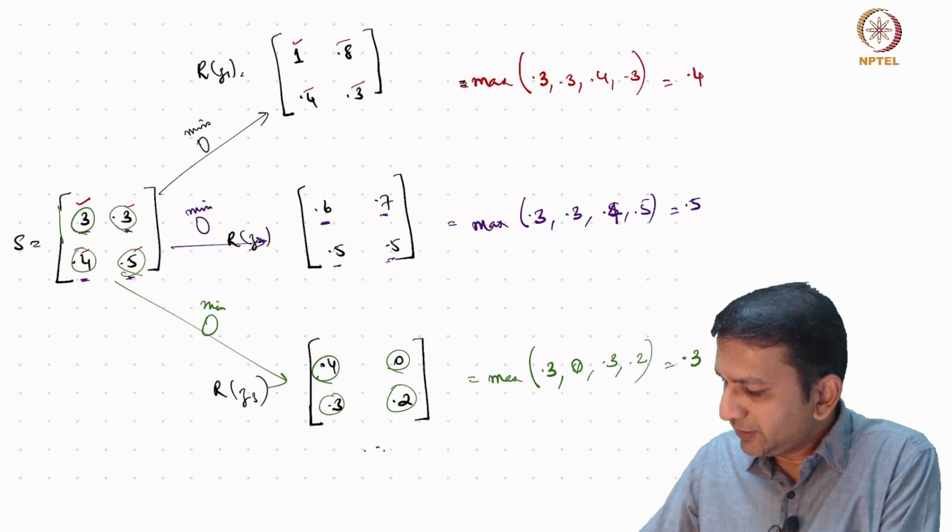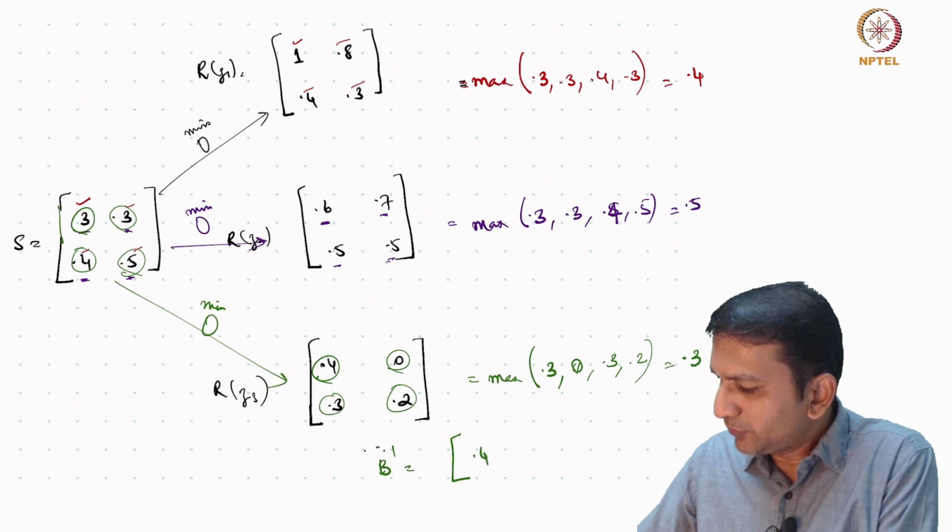So essentially, finally, the overall output B dash that we get is 0.4, 0.5 and 0.3, which is an element of F.